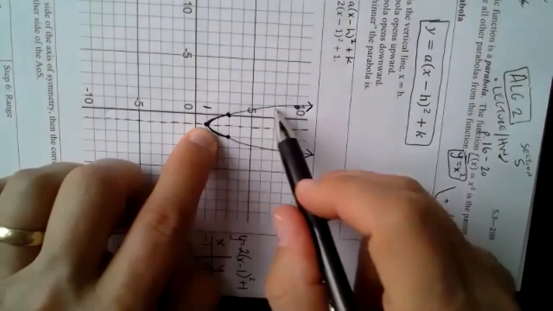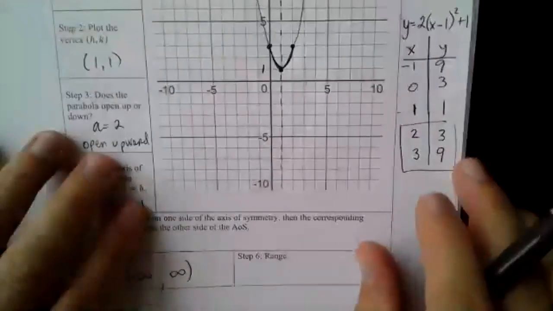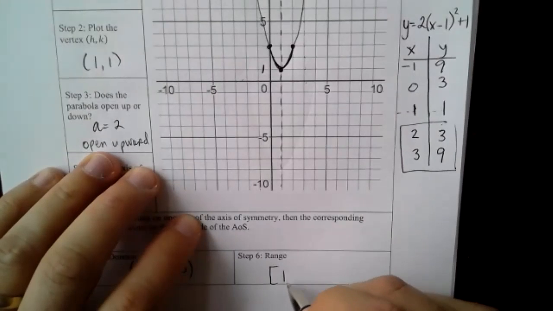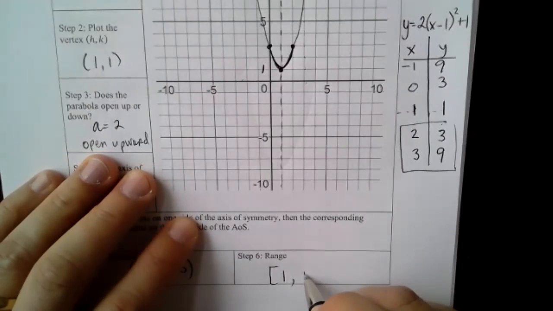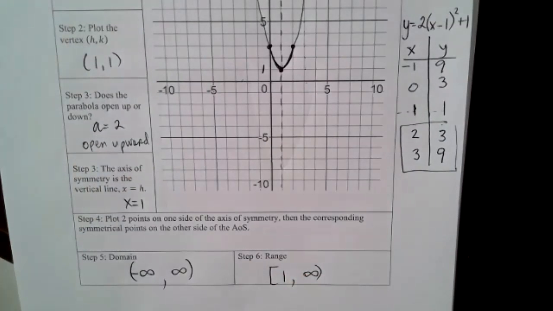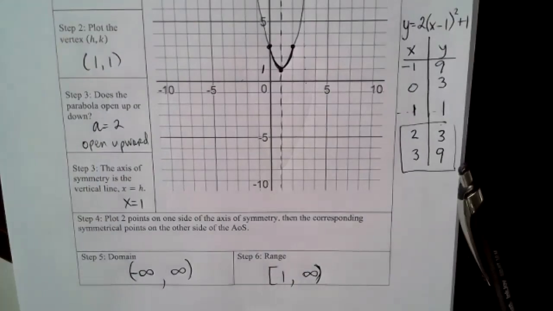And then it goes all the way up to infinity. So that's going to be open-ended over here. It's going to go from 1 definitely to positive infinity. So that's why there's a box on one end and a rounded area on the other.